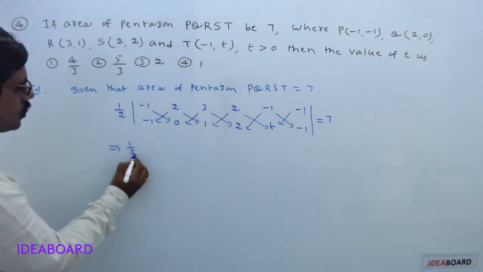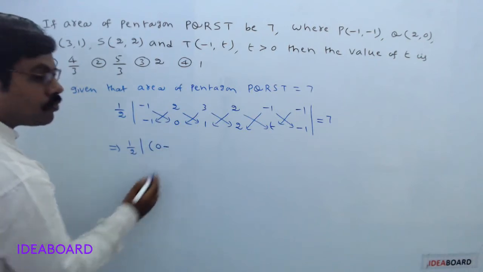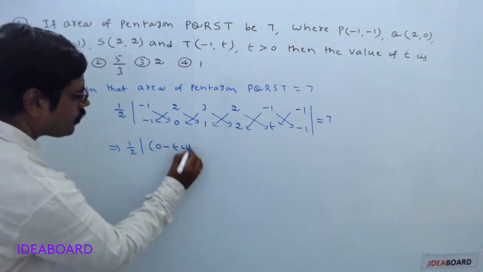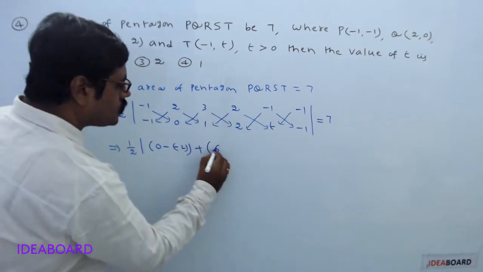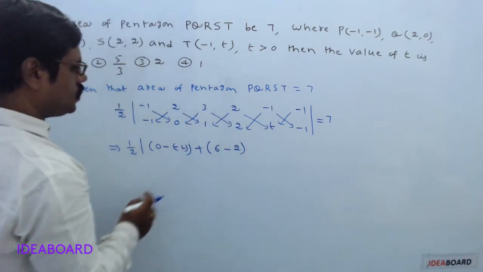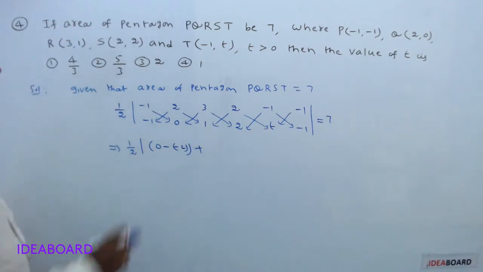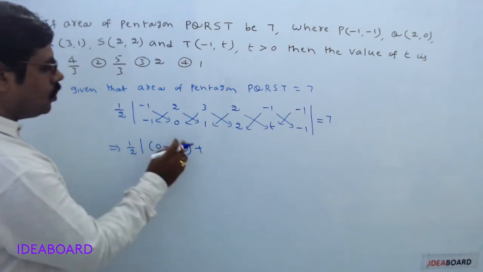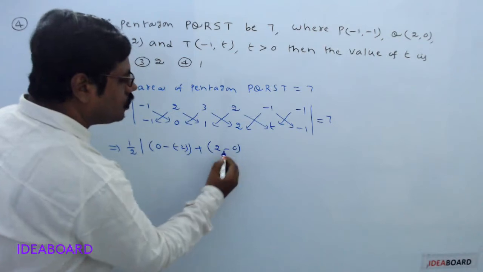Now this implies half modulus of minus 1 into 0, 0, minus 1 into 2, minus 2. Now this part is over. Plus 3 into 2, 6, minus 2 into 1, 2. Now here minus 1 into 0, 0, minus 2 into minus 1, minus 2, plus 2 into 1, 2, minus 3 into 0, 0.